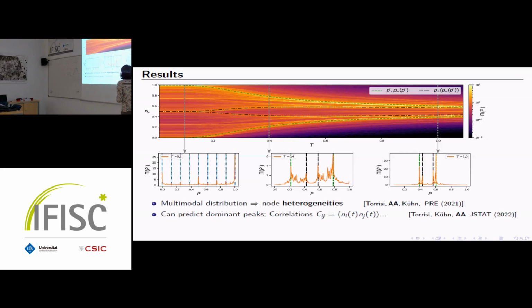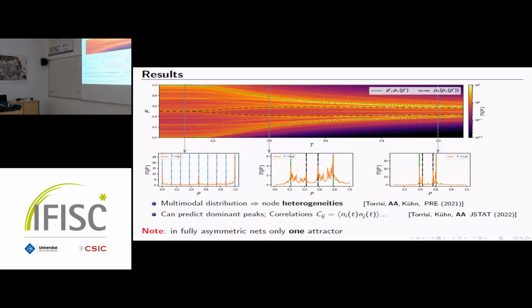We can rationalize many of these peaks through a simple argument. I will not enter that. And we can, in principle, go beyond the activation probability. For example, we can compute joint activation probabilities, so correlations. You can adapt the cavity method to compute also those quantities.